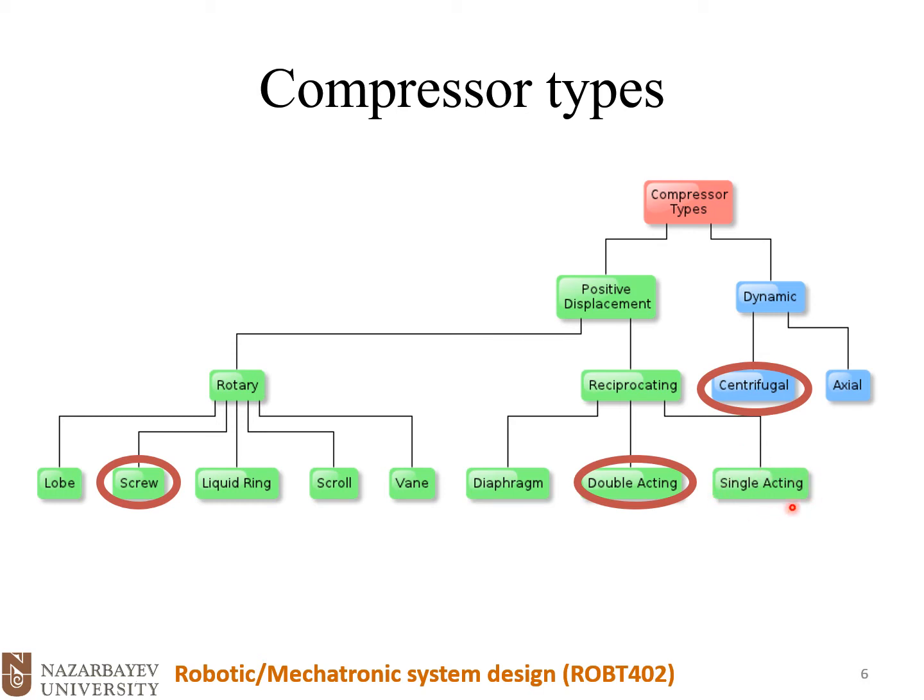Single acting is the one, for example, we have on the MPS 500, and we already presented the picture on the previous slides. For the rotary ones, we have lobe, screw, liquid ring, scroll, and vane types.